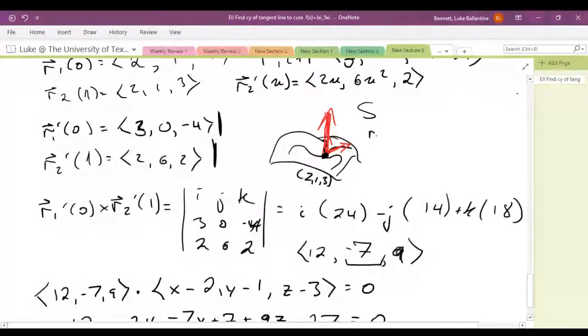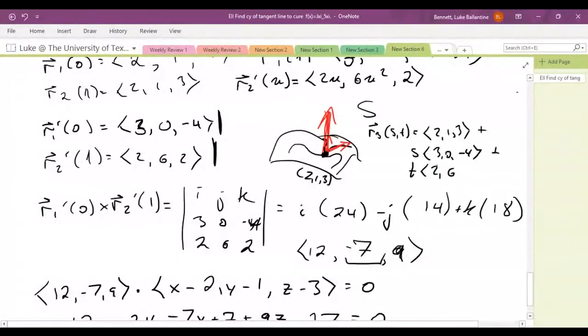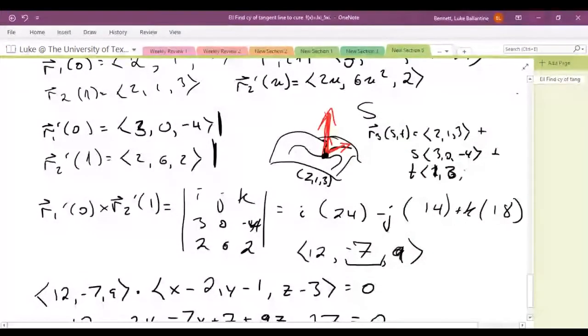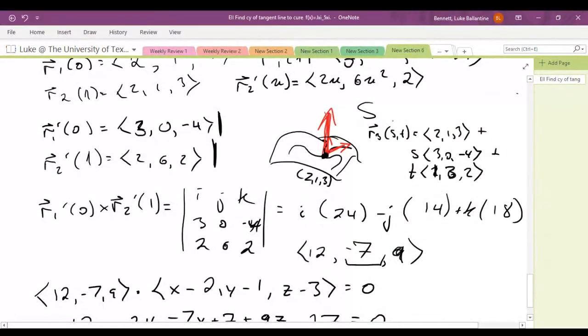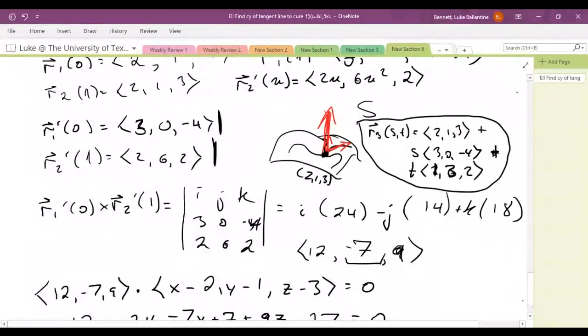I guess we have to call it R3 of s,t is equal to our point 2, 1, 3, plus s times 3, 0, negative 4, plus t times 2, 6, 2. So, we can scale that down, can't we? We can do 1, 3, 1. Yeah, so that's the parameterization. And then we also have the level set equation we just calculated down there. Cool.